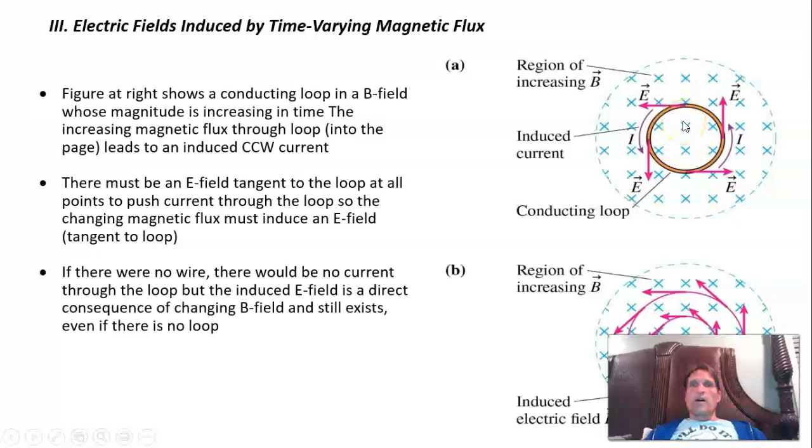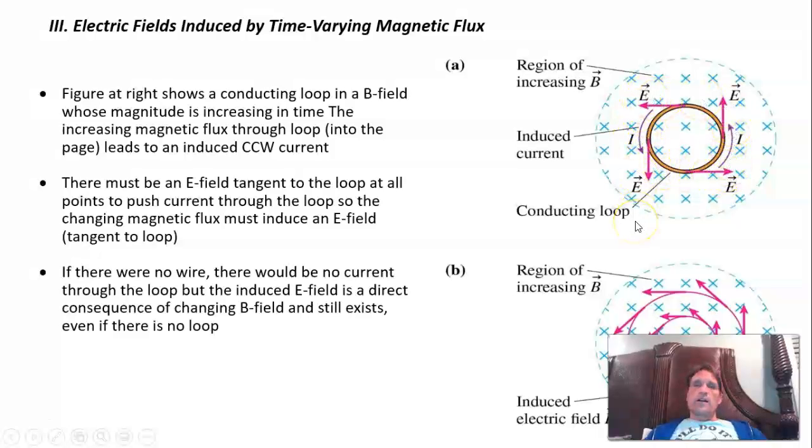Okay, so what this means is that if you have a changing magnetic field through a loop, that will induce an electric field whose direction is circles, since it's tangent to the loop at every point. So that induces a circulating electric field.